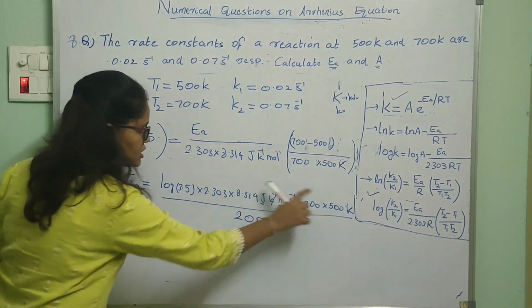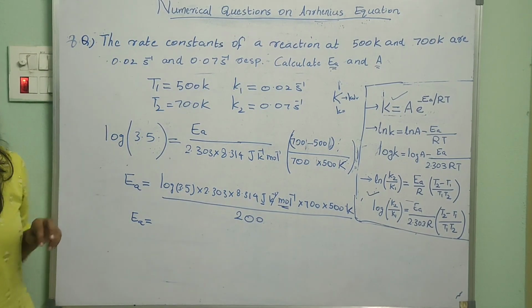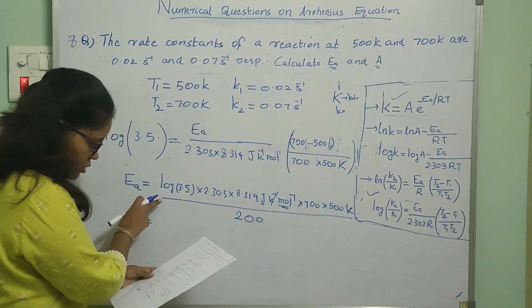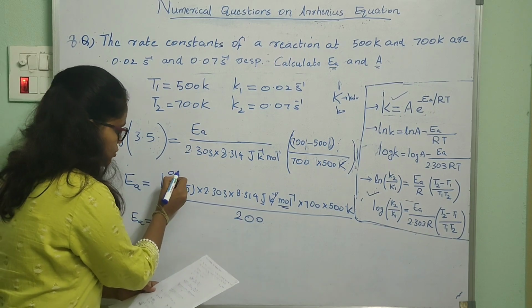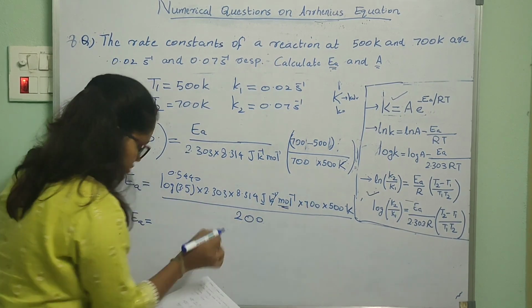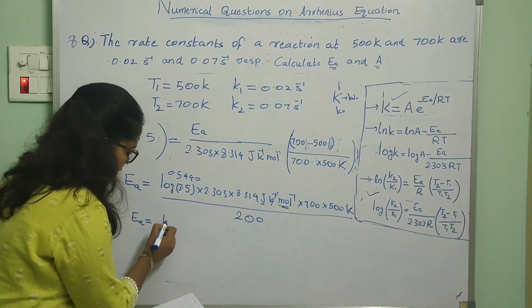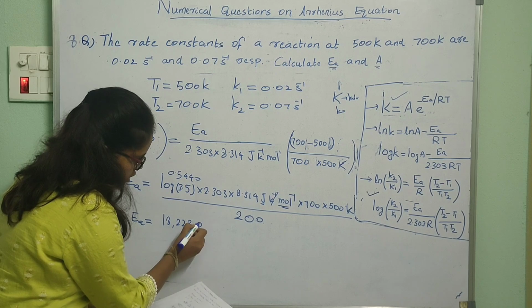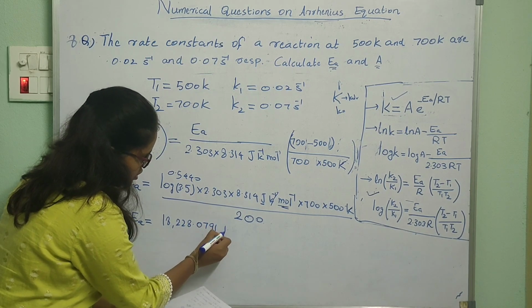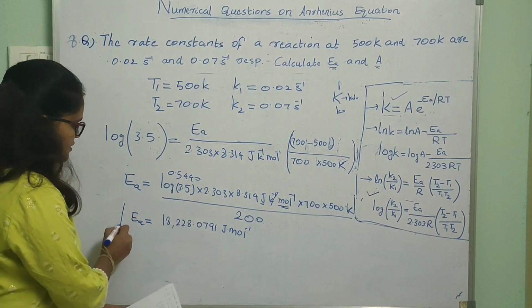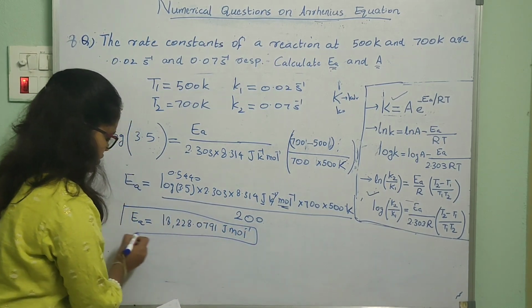When you solve all these terms, this log 3.5 is 0.5440. Using a calculator, when you solve this, you will get 18,228.0791 joules per mole. So this is the value of your activation energy.